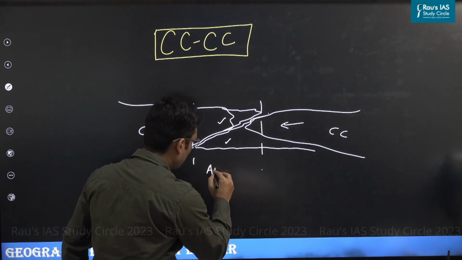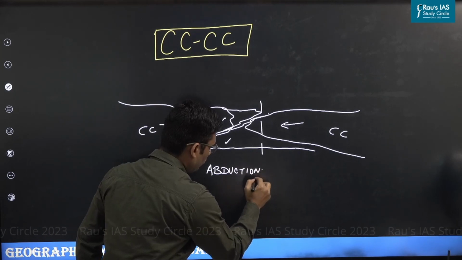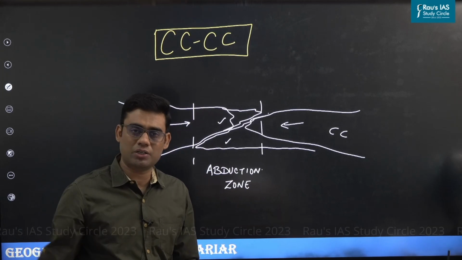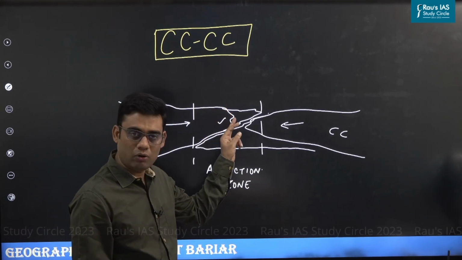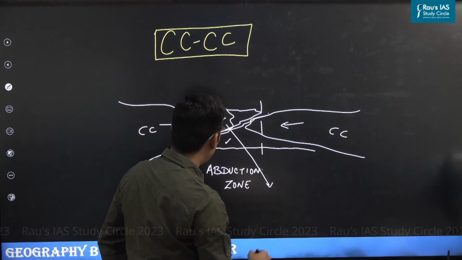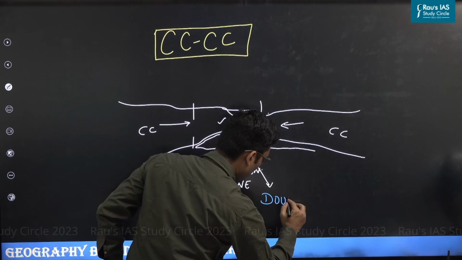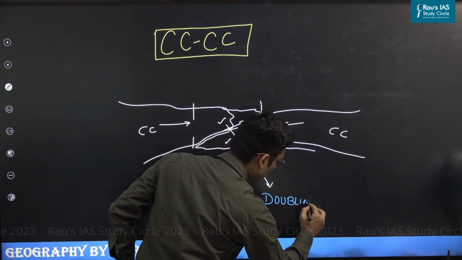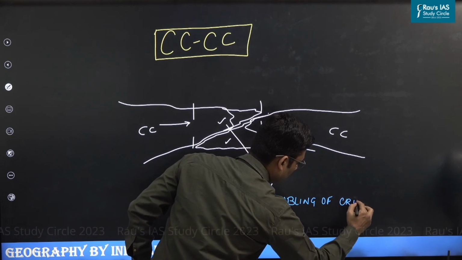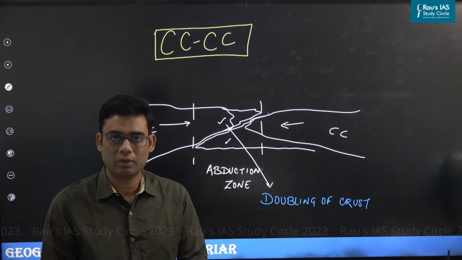This is the abduction zone, and with this abduction I find one layer over another, and this is the phenomenon that we call the doubling of crust. So crust doubles over here.